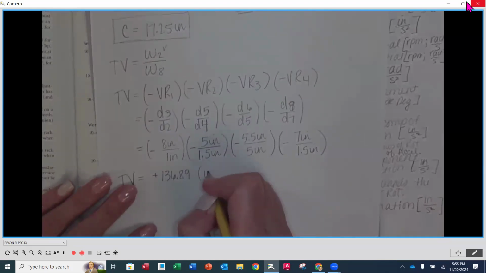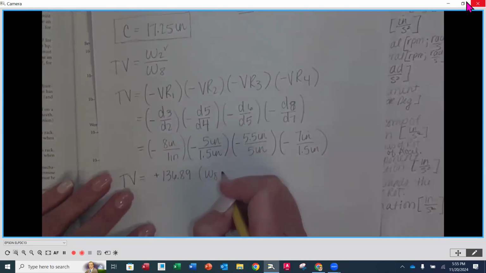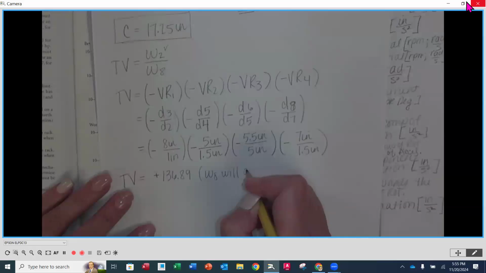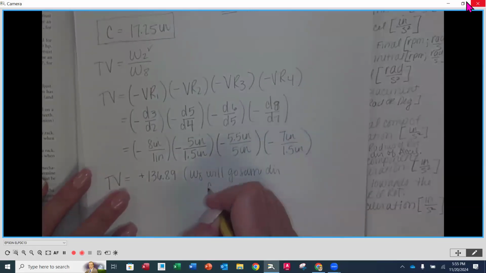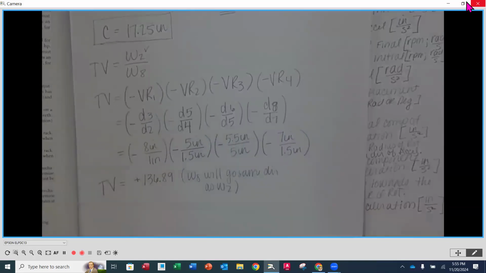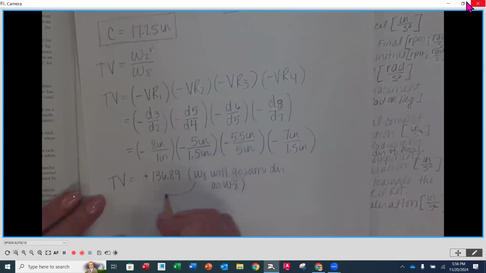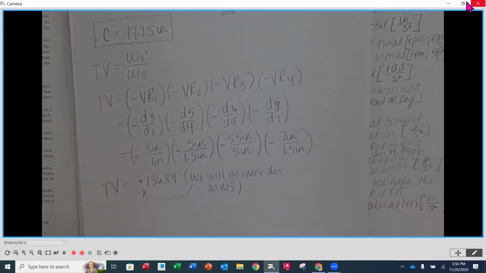So what that means is W8 will go in the same direction as W2. Okay, that's what the positive means. The input is in the same direction as the output because there's a positive value here. That's why, positive value.